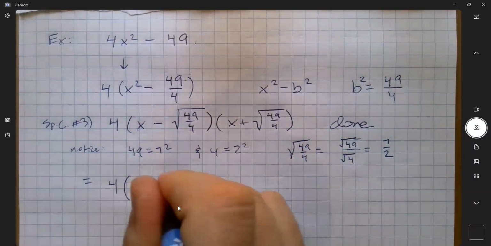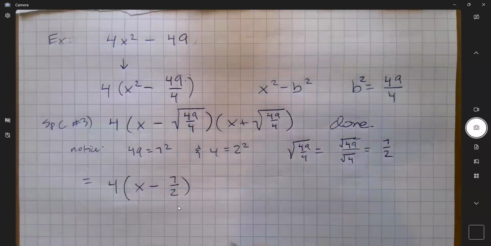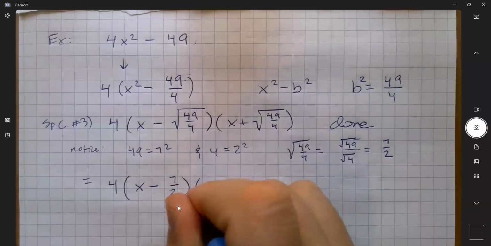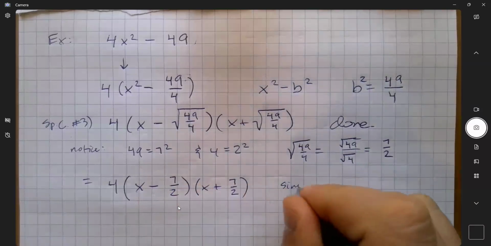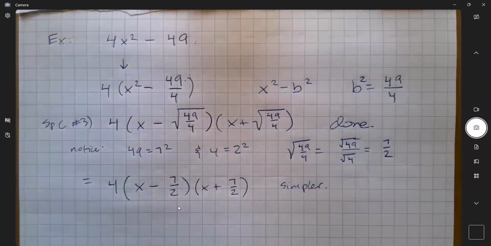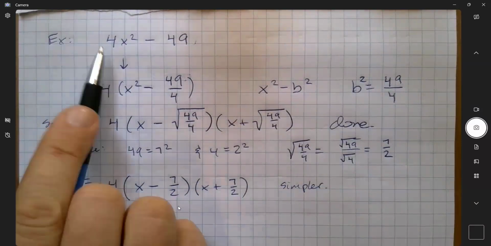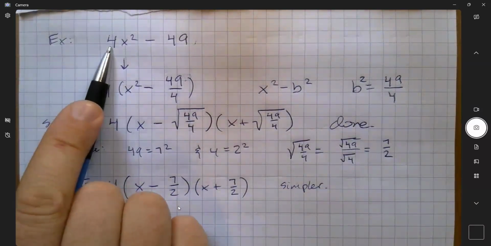So I could write this as 4 times x minus 7 over 2 times x plus 7 over 2. And it looks a little simpler. They're equivalent. I'm happy to accept either. It's likely that my open math is going to want this form. That is the first way to solve it when you have a leading coefficient that isn't 1.